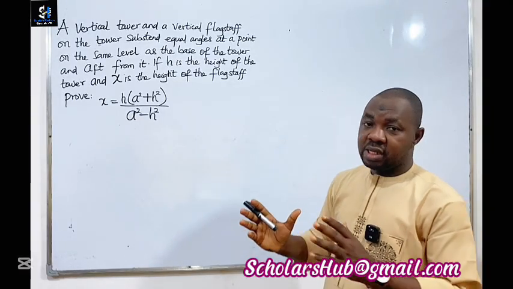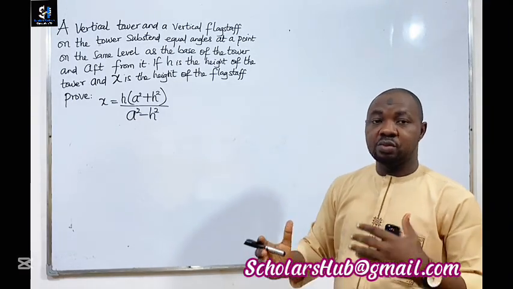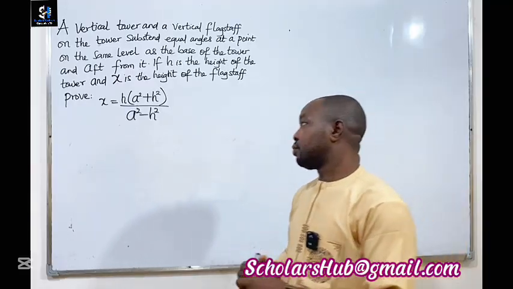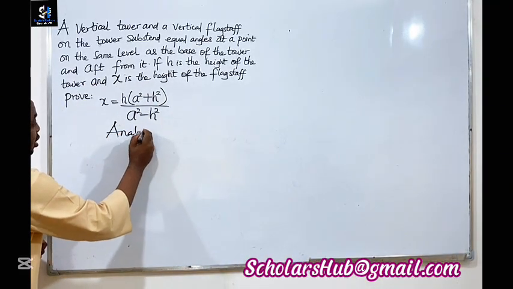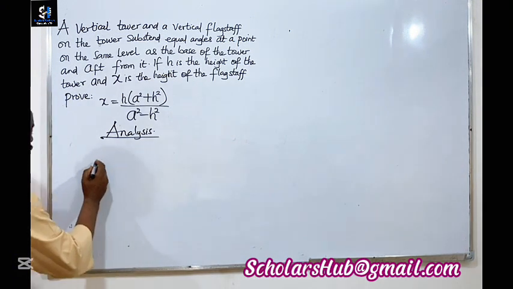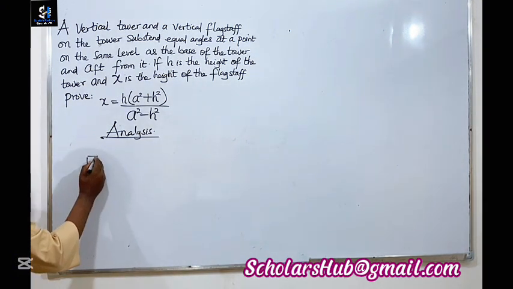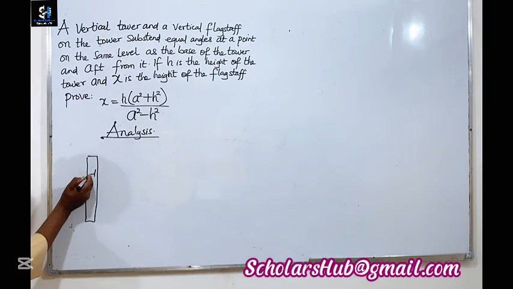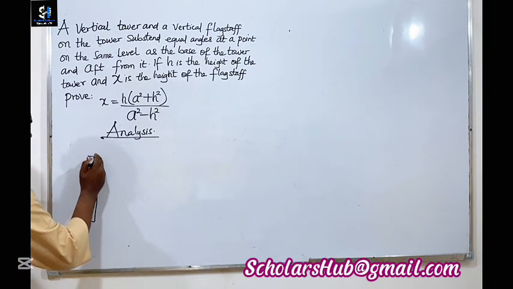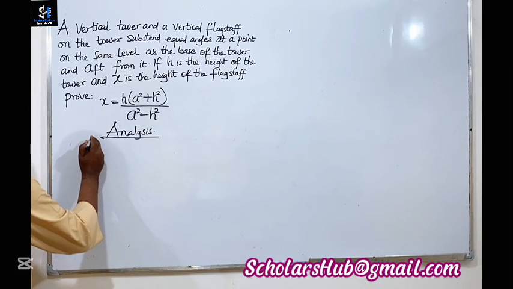So let me draw the diagram. With the diagram we should be able to analyze the problem. All right, so let's have our analysis. So we have a vertical tower. So this is the tower. Then we have a flagstaff.